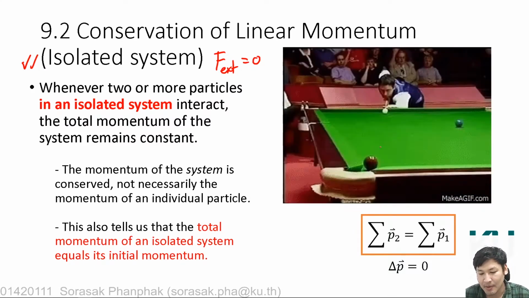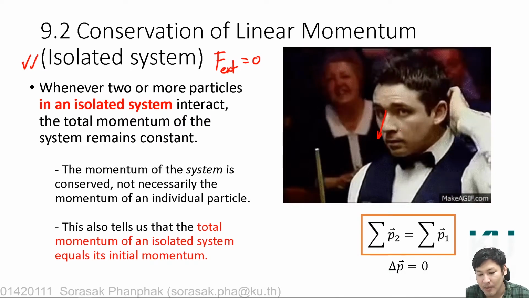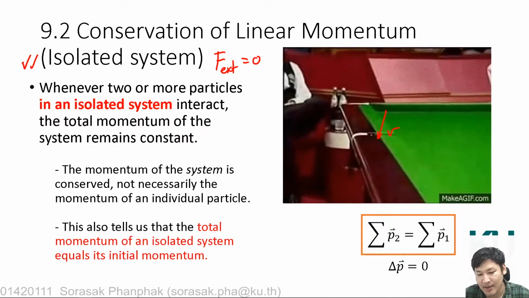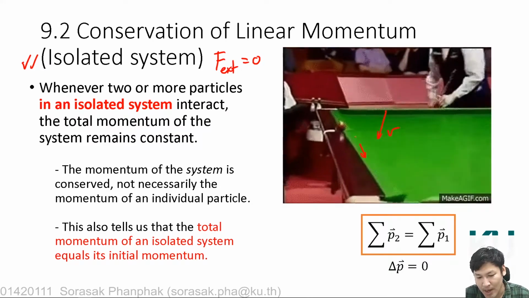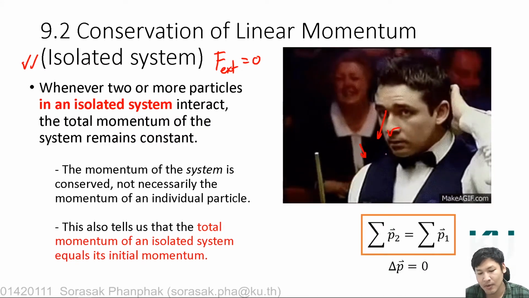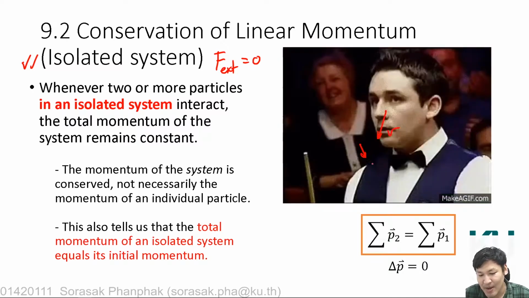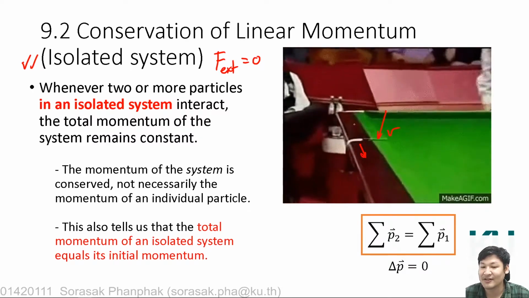This is an example. If you look at this guy, he has a white snooker ball traveling with a speed before hitting another colored snooker ball, I think a red one. And after hitting, the change of momentum changes the direction of these two snooker balls' motion, with different speeds.